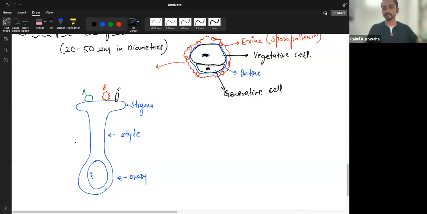Remember, we had a discussion: how does the ovum recognize its own species' sperm? If I inject the sperm of a different species, let's say a tiger, into the body of another species, let's say a rabbit, will fertilization happen?